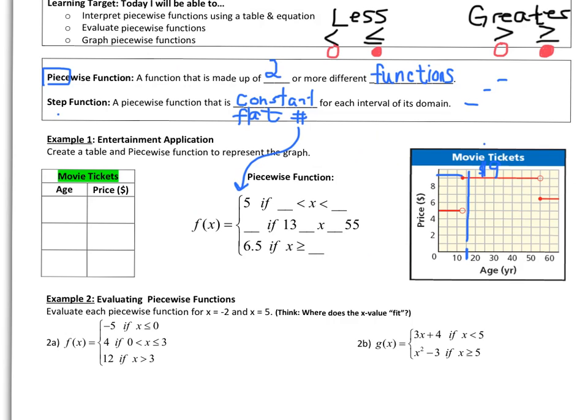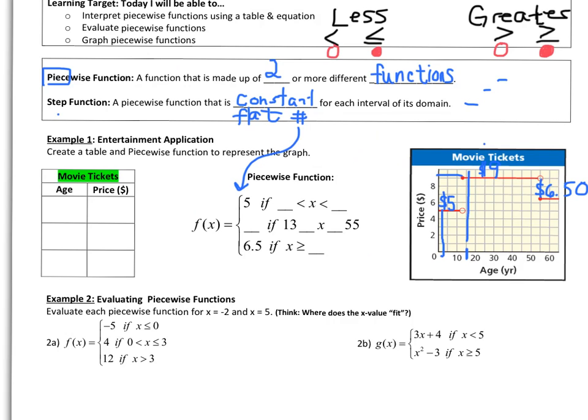If little Lyndon wanted to go see a movie, she's over here, she would pay $5. If my 98-year-old grandpa wanted to go see a movie, he would pay $6.50. He'd be way over here. So we have step functions in case we have different categories that we need to be using.